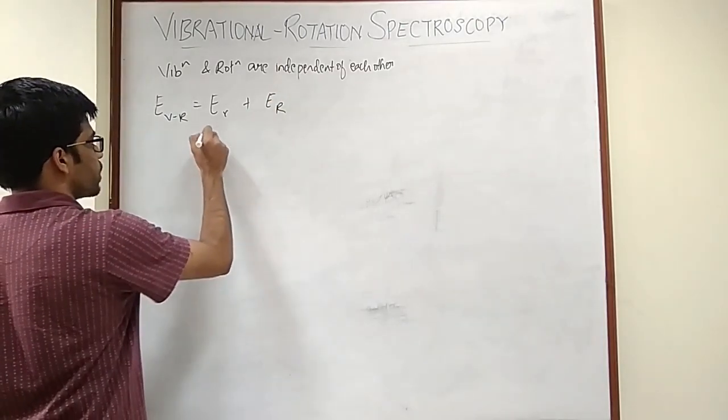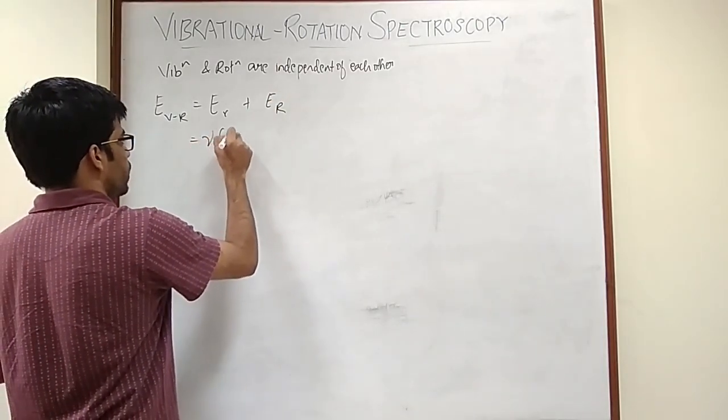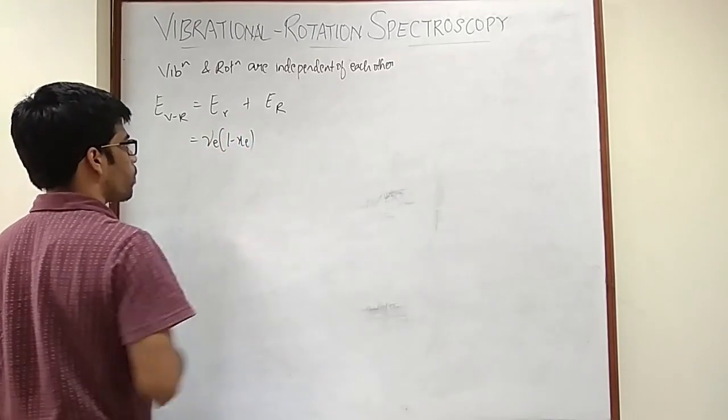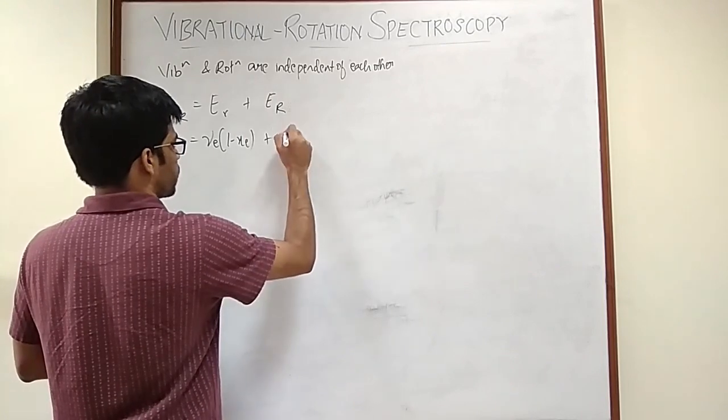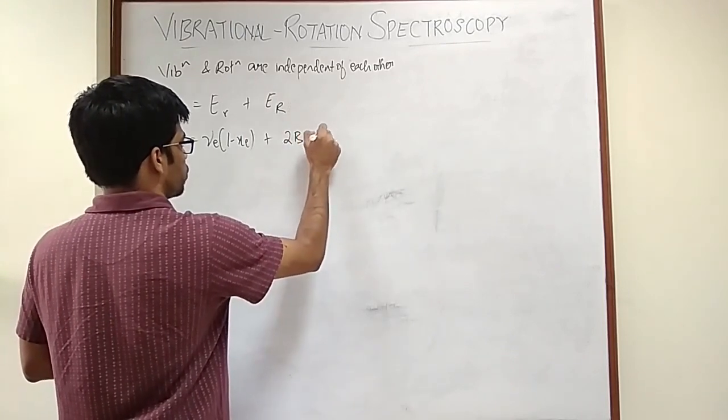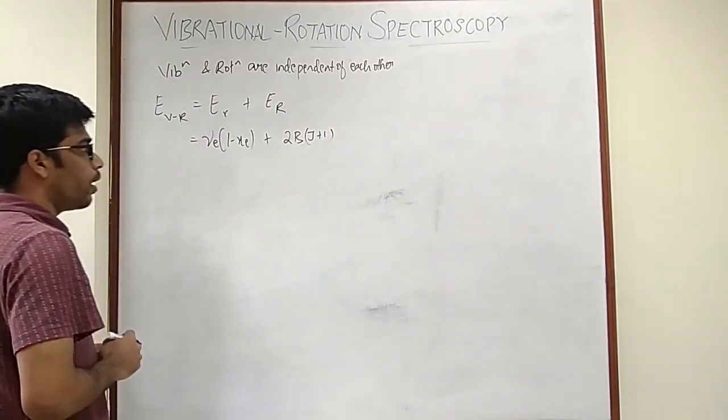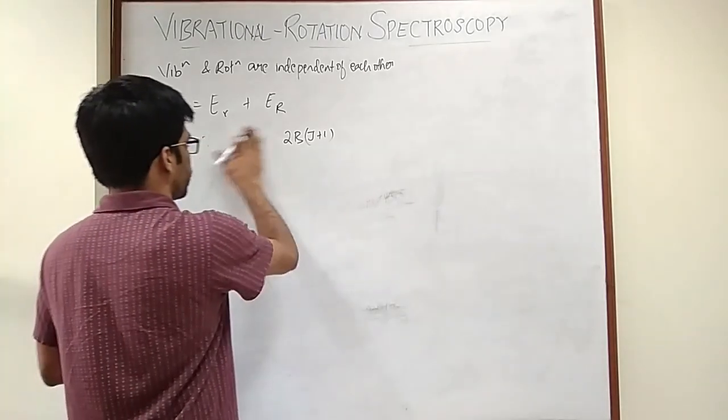Now this would mean this is mu e (1 minus xe) plus, let's say, this is 2B(J plus 1). Or let's break it down.